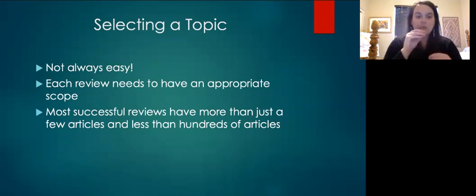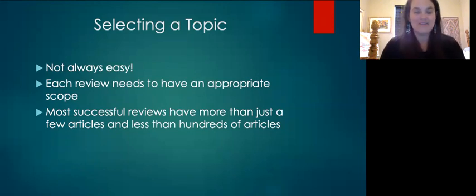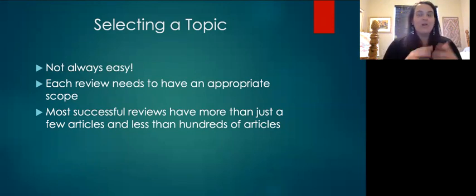Most successful reviews have more than just a few, like 10, and less than hundreds of articles. If we Google Scholar obesity in the United States, I can't imagine how many articles are out there. But if we search obesity among Indigenous populations in the Southwest and the associations with physical activity, you might find something a lot smaller.